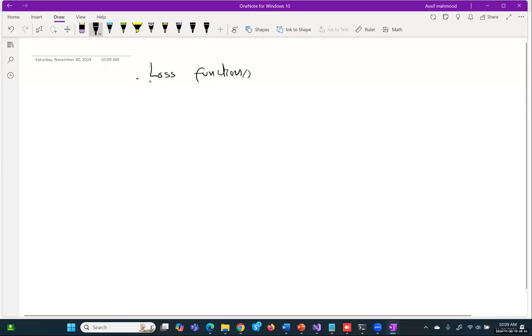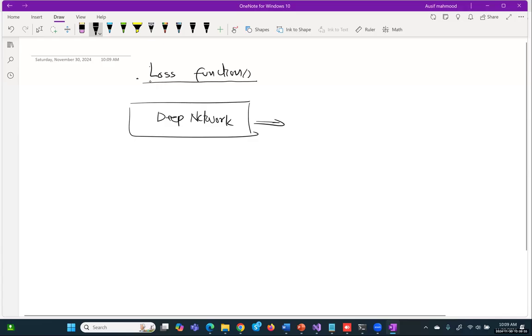Depending upon our problem, as we create a deep network, whatever output it's producing, we will have some target values, some actual values, right? And then we will define a loss function, which will be a scalar.